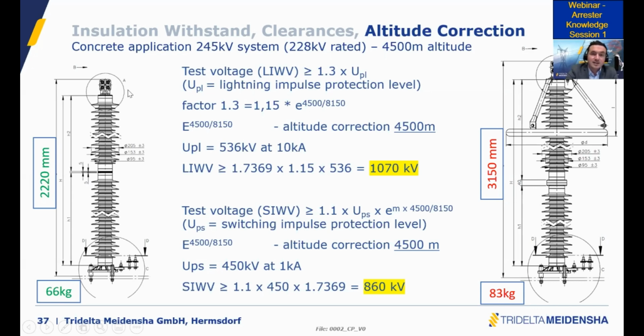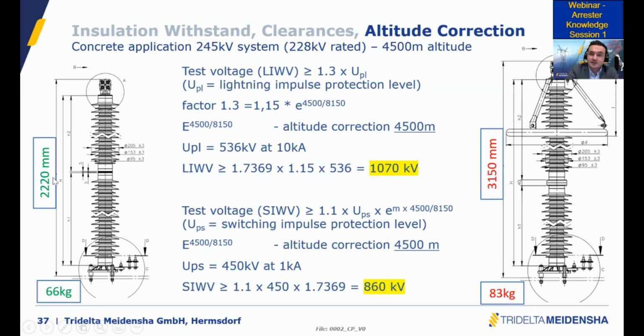Which means that if you go to a catalog, if you select a surge arrestor with 228 kV rated, the standard value of the arrestor can be used for an altitude of 4,500 meters. And this makes a big difference.